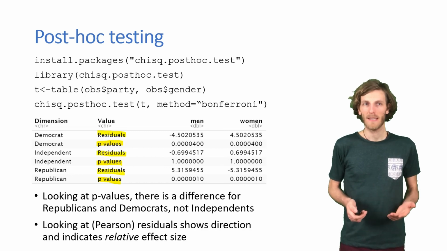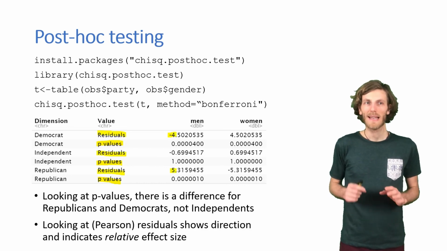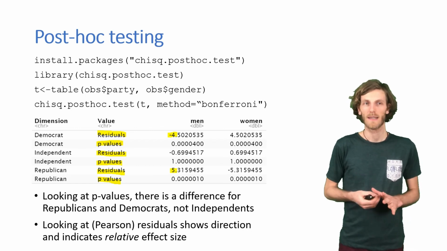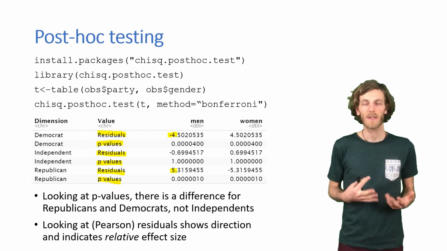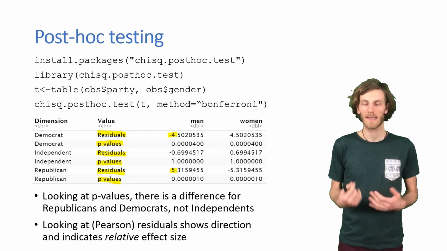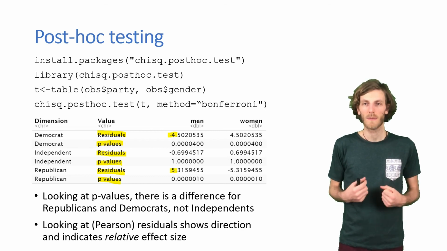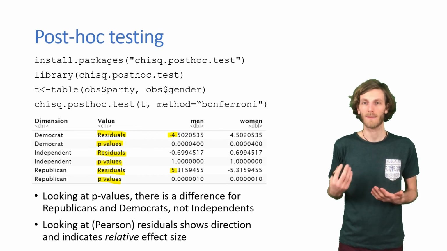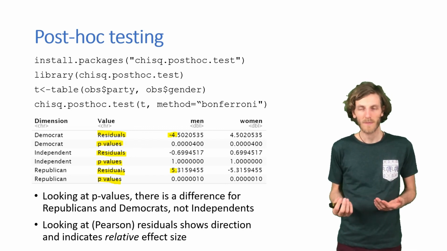And then we can look at the residuals to get an idea of the direction and of the size of the effect. So we can see that for Democrats the residual for males is negative, which means we observe fewer males who identify as Democrats than we would expect under the Null-hypothesis.